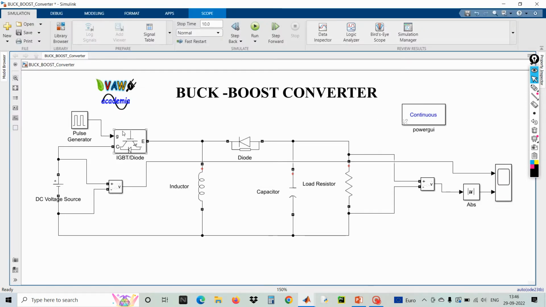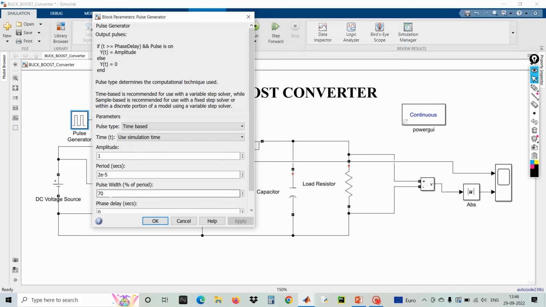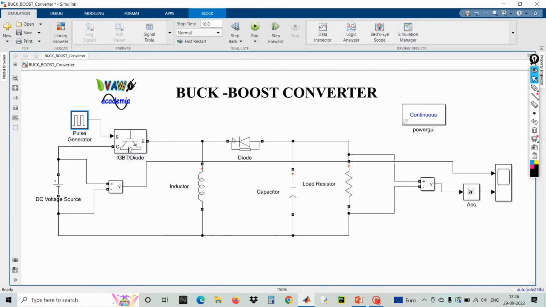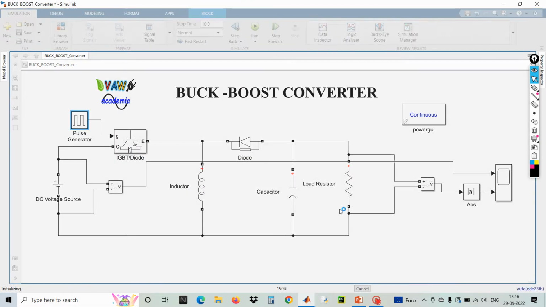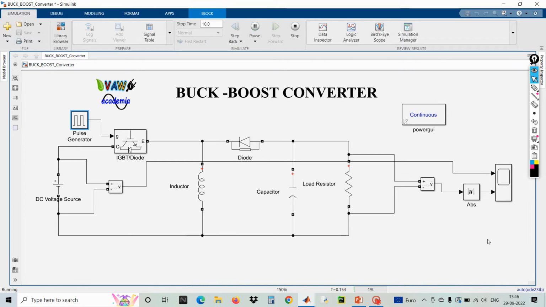Now I'm going to the pulse generator. If you change the pulse width to lesser than 50%, say 35%, lesser than 50, definitely this circuit will work in buck mode.